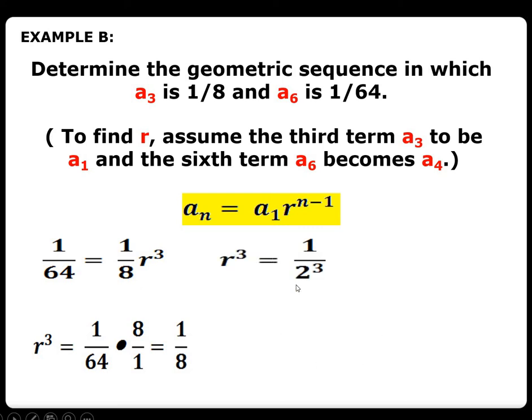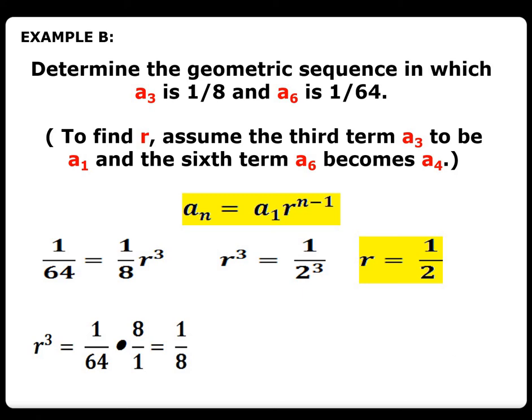Okay, and again, you need to express 8 in exponential form. So 8 is simply equal to 2 cubed, wherein you're going to follow that exponent. Take note that 2 cubed is in the denominator. You need to take this 2 cubed to be your new numerator, so just take the reciprocal of this.